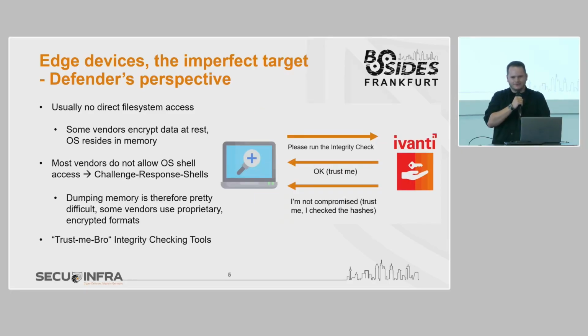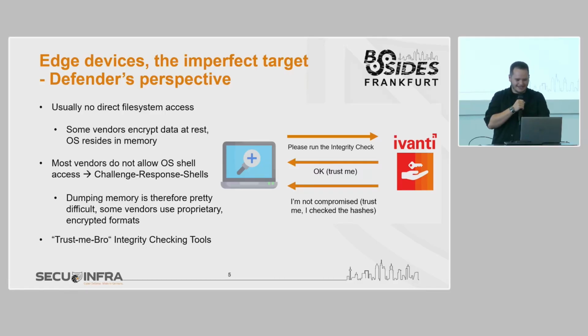And the last problem is the "trust me bro" integrity checking tools. Ivanti is a big offender in that regard. Basically, they have a tool running on the appliance itself, which you can tell to run an integrity check. You have to trust the appliance that it actually does that. And even if you get a result, you can't trust it because it's running on the compromised device itself.